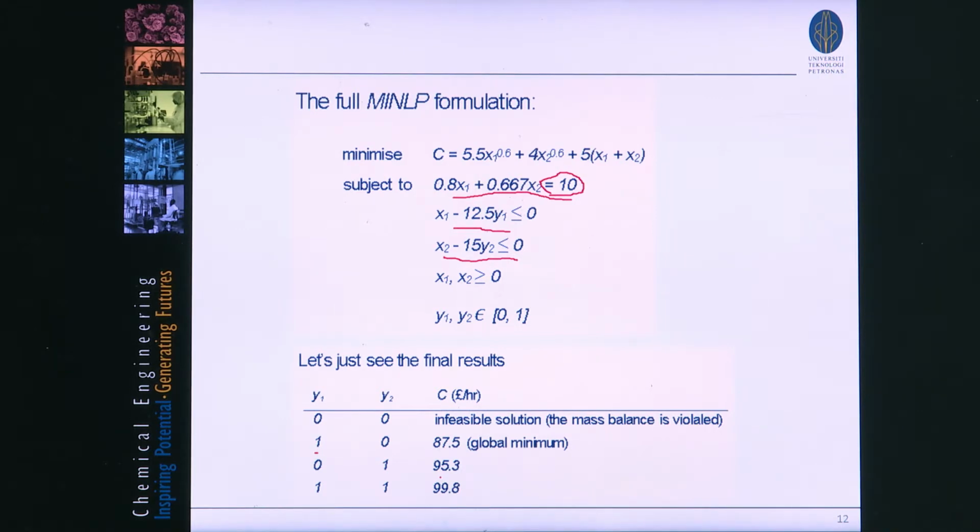In this case, x1 and x2 will be some values that should also satisfy this constraint, so we might end up having 99.8. So we can see now, if we want to minimize the whole problem, y1 has to equal 1 and y2 has to equal 0, which means x2 equals 0, and x1 is the maximum value, which is 12.5.